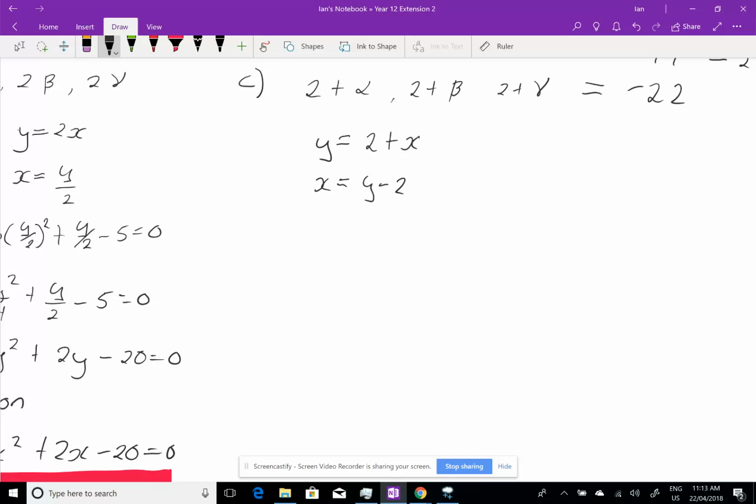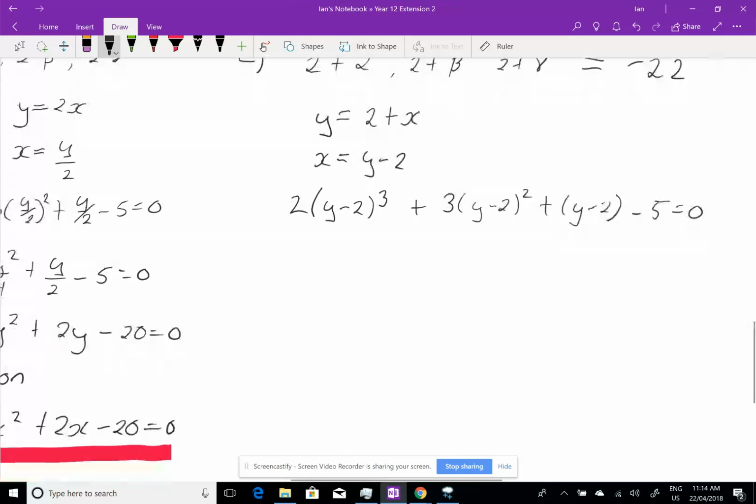Now, everywhere there is an x, I'm going to put y minus 2. 2 times y minus 2 cubed plus 3 times y minus 2 squared plus y minus 2 minus 5. And now it just becomes algebra.